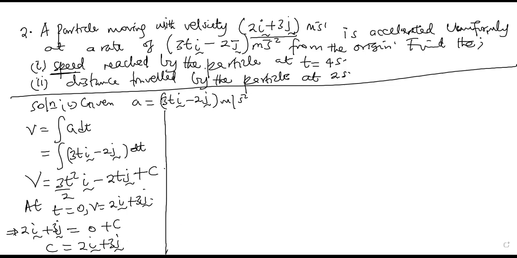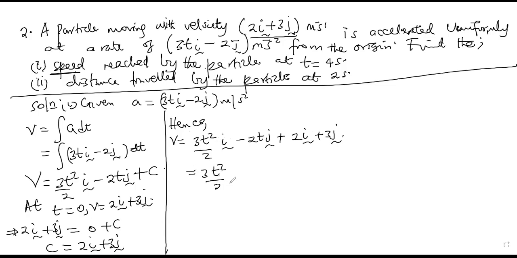So our velocity is 3t squared over 2 i minus 2tj plus 2i plus 3j. Factorizing, we have 3t squared over 2 plus 2, everything into i, plus negative 2t plus 3, everything into j.